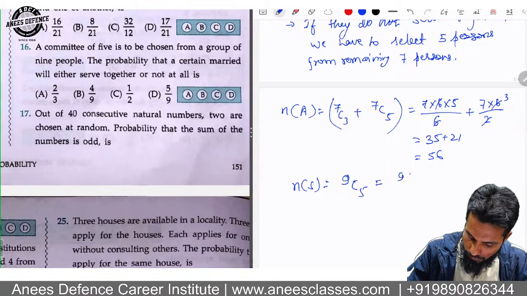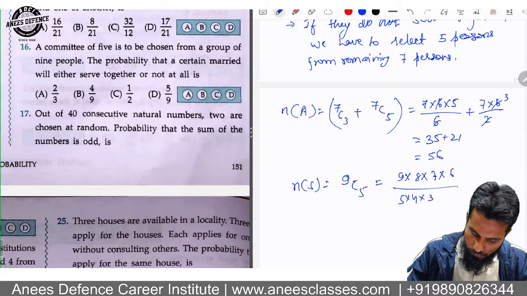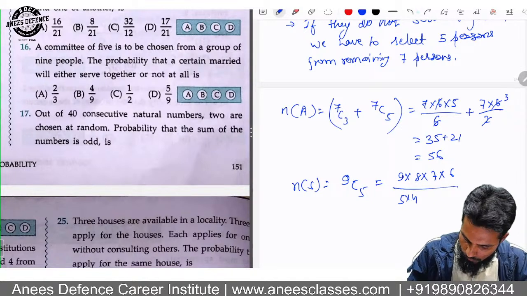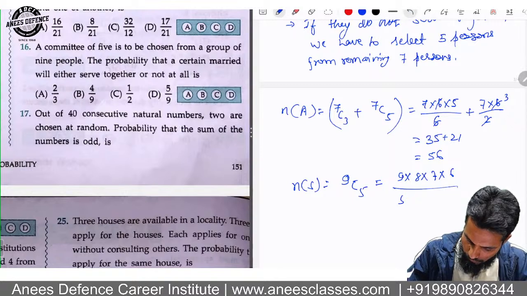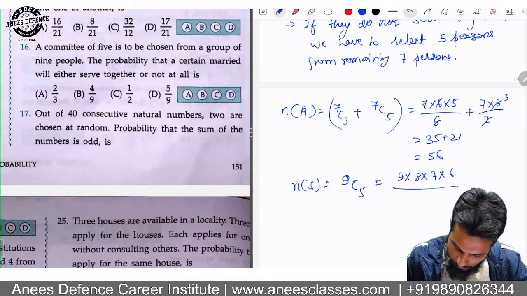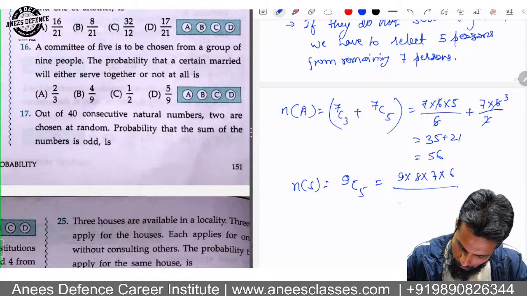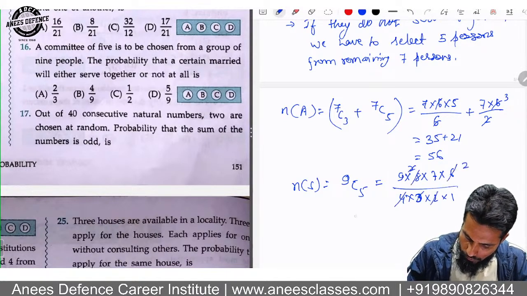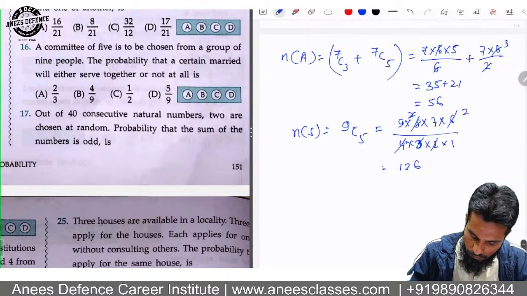The value is 9 into 8 into 7 into 6 upon 4, 3, 2, 1. Total value is 126. 4 into 2, 8. 2, 2 cancel. 3 into 2, so 9 into 7 into 2 is 14, 14 into 9 is 126. Fine. So divide it now.